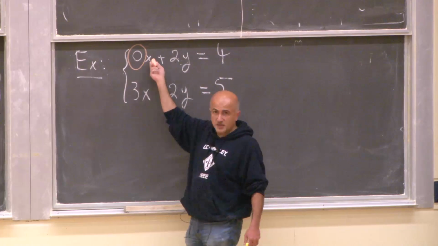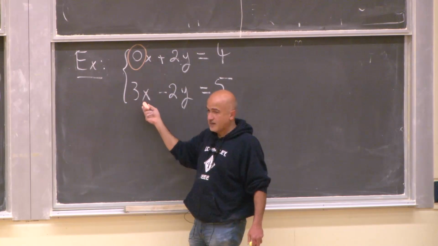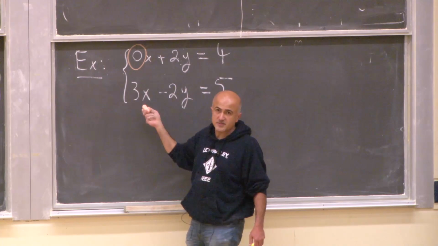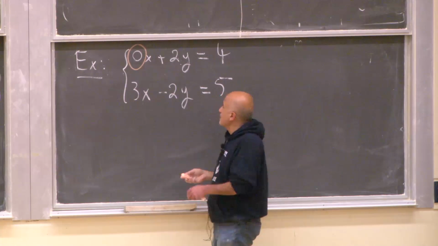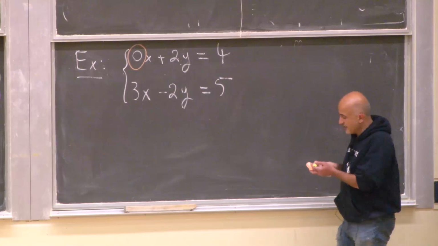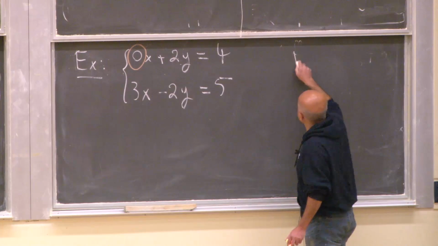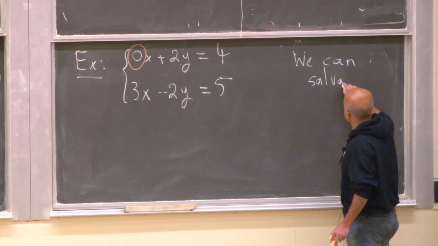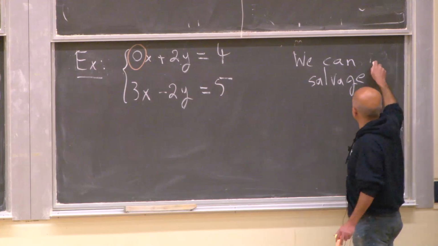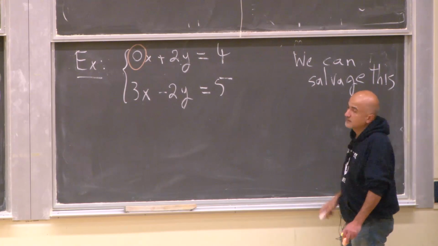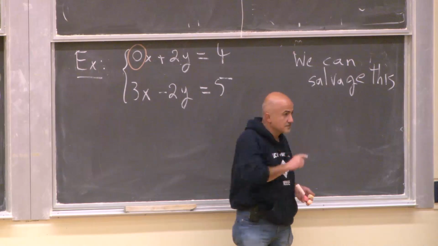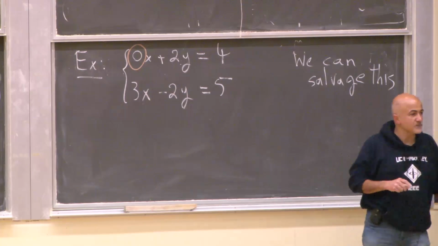No matter what I multiply the first equation by and combine it with some multiple of the second equation, I'm not going to get 0x. But this is a salvageable case. We can salvage. And the salvage is usually a very simple operation. And that simple operation is, you have a question or answer?